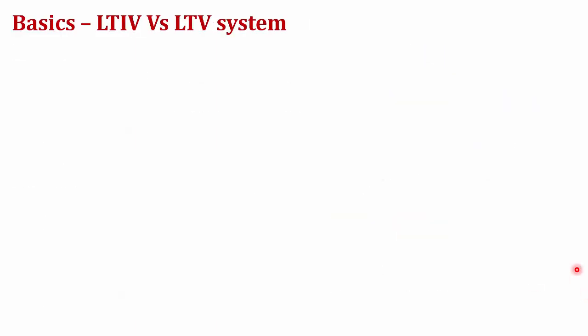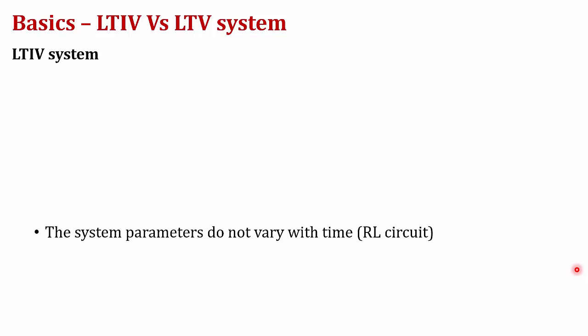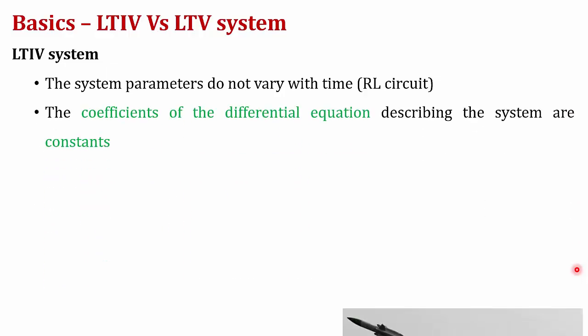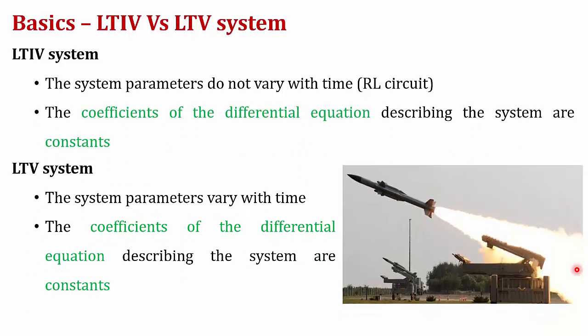Now we have seen the linear and non-linear systems. Here the linear time invariant system and linear time variant system are shown. A linear time invariant system does not vary with respect to time, or a circuit does not vary with respect to time. The coefficients of the differential equation describing the system are constant. For the linear time variant system, you can see the missile.